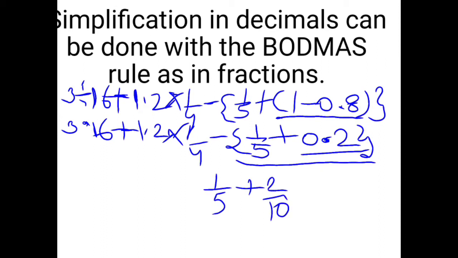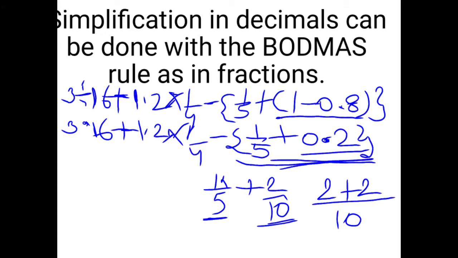Now directly take the LCM, that becomes 10. 10 divided by 5 is 2, and 2 multiplied by 1 becomes 2, plus this one as it is, so it becomes 4 upon 10. Directly I am writing 4 upon 10 in place of this term.